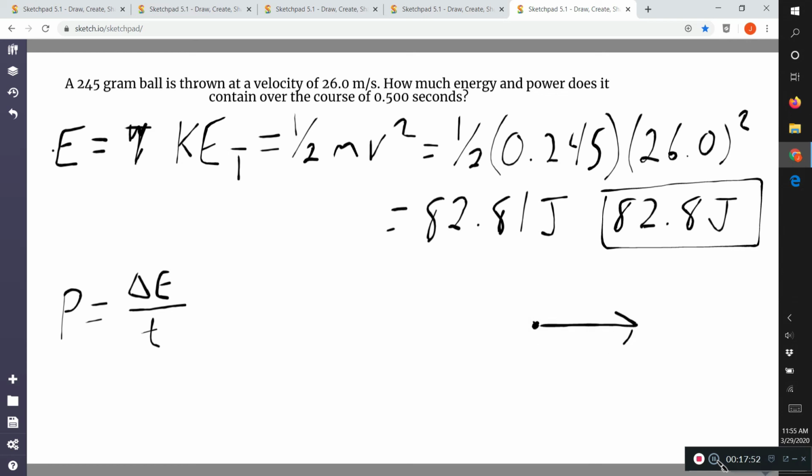So at any given point, the kinetic energy of this object is 82.8 joules. Now, if I talked about it slowing down, or a change in energy in any way, that would be different. In this case, since there's no change in energy, we have 0 divided by 0.500, giving us 0 watts of power.